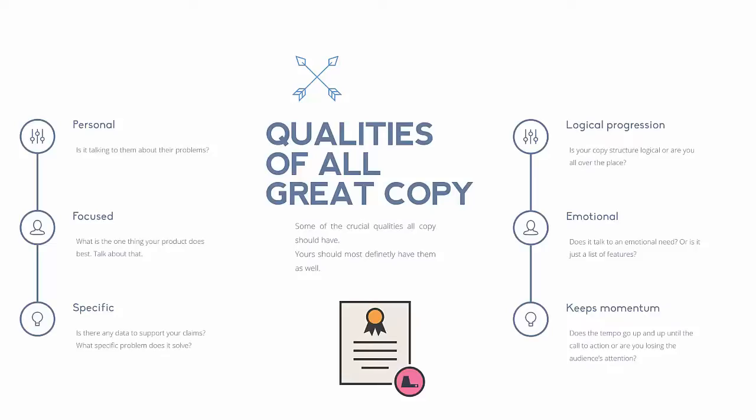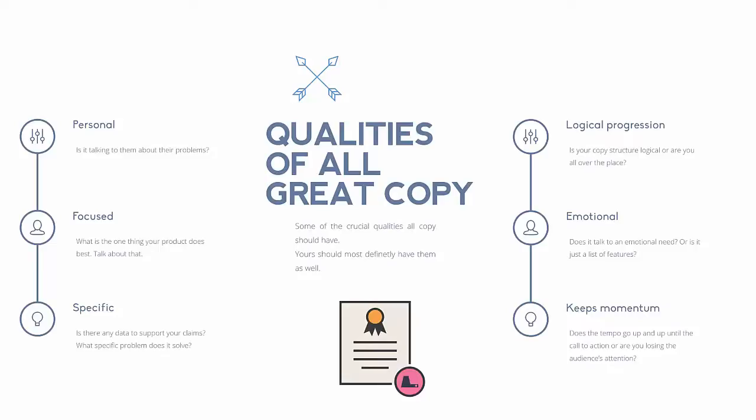Then it needs to have a logical progression. We've already discussed in the past few minutes the overall roadmap of your copy, and if you follow that, you could even simplify it even more. But if you follow those elements, it will be a lot easier. Always make sure you're not all over the place and lose people in the sale process.